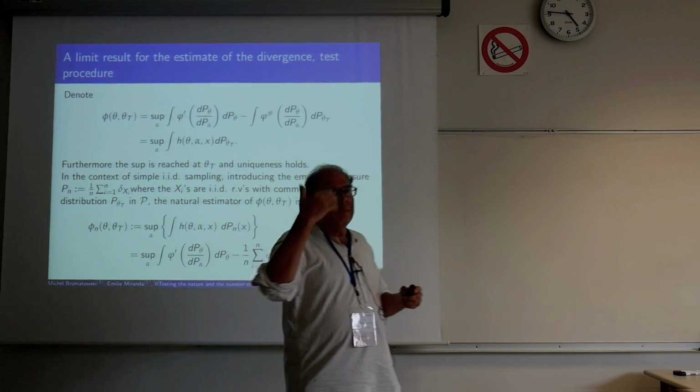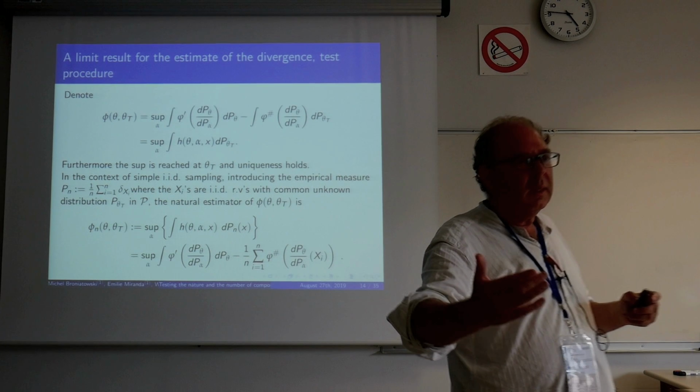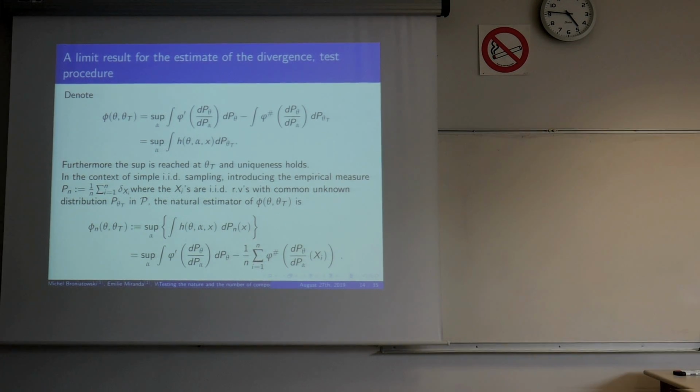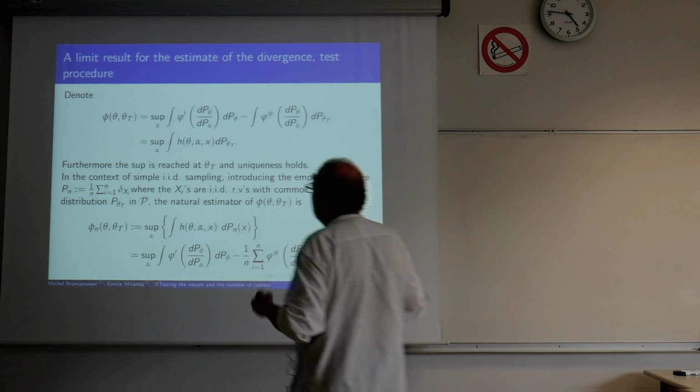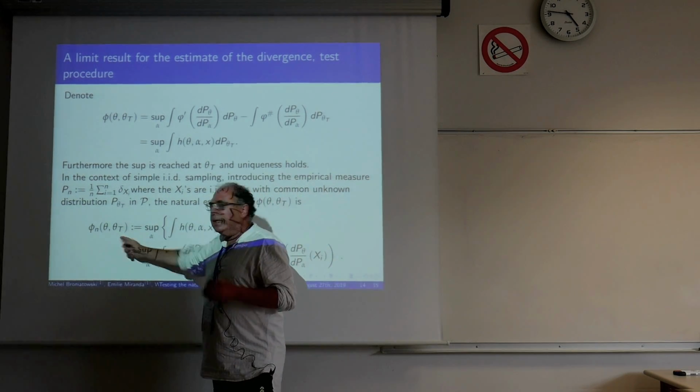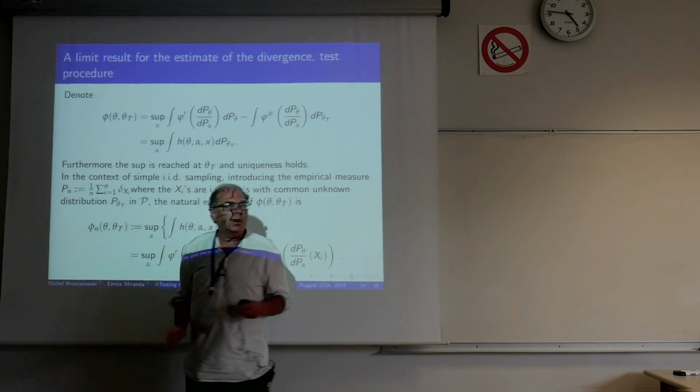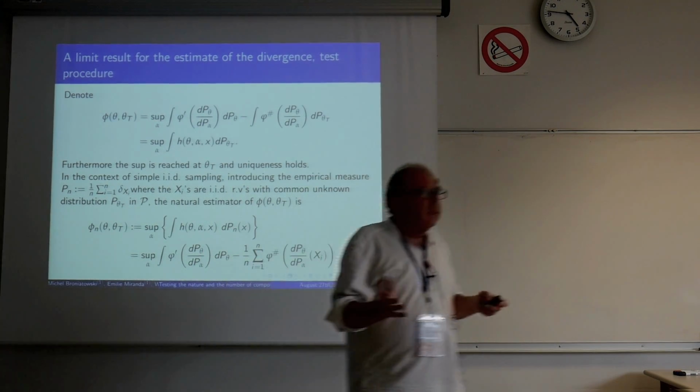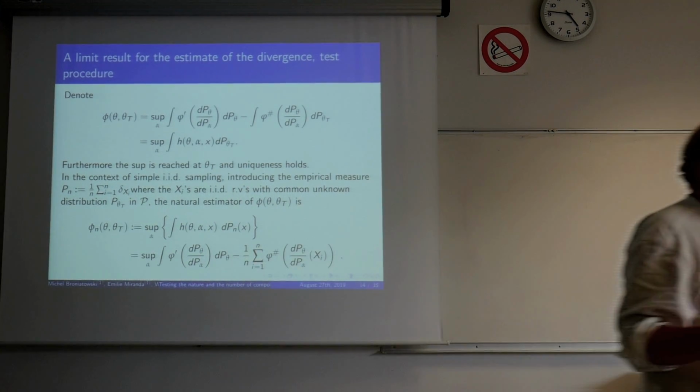Now we turn back to the problem of the test. The test was that theta belonged to some theta 0, the null hypothesis. So we look at the distance between p theta t, or Pn, say, and the submodel. And this is the test statistic that we will be considering.